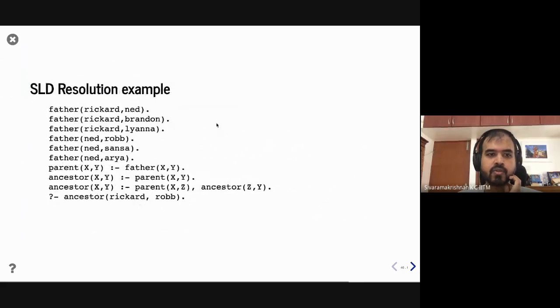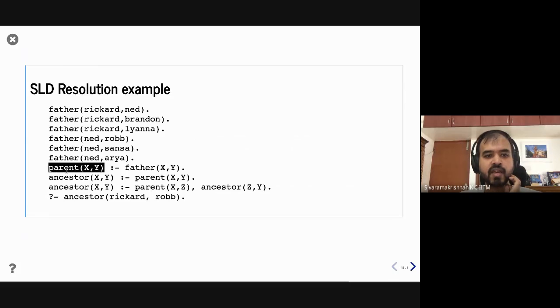Again, it goes through the rules and facts in the order in which they are described in order to see which one unifies. Father doesn't unify. Oh, I see parent XY, right? This looks like a nice term. Let me try to unify the term parent Rickard Rob with parent XY, and then I'm going to try to show that father xy holds.